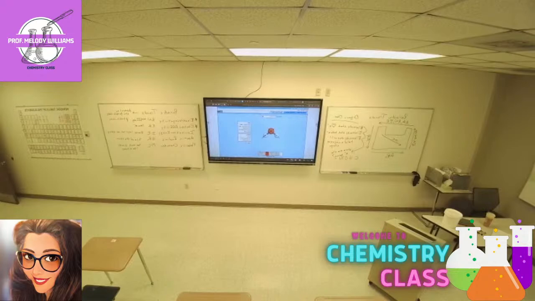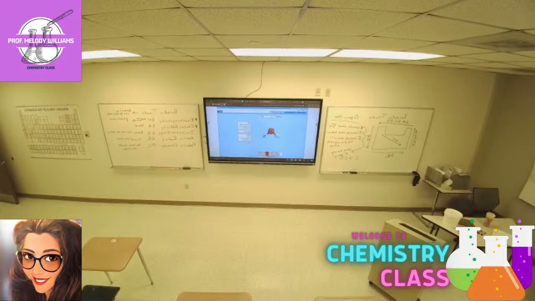So a caveat for this: shape of molecule. Can you tell I replaced it with green? I kind of like it. It's like you see the transition from blue to green. Shape of molecule plays a role in polarity.